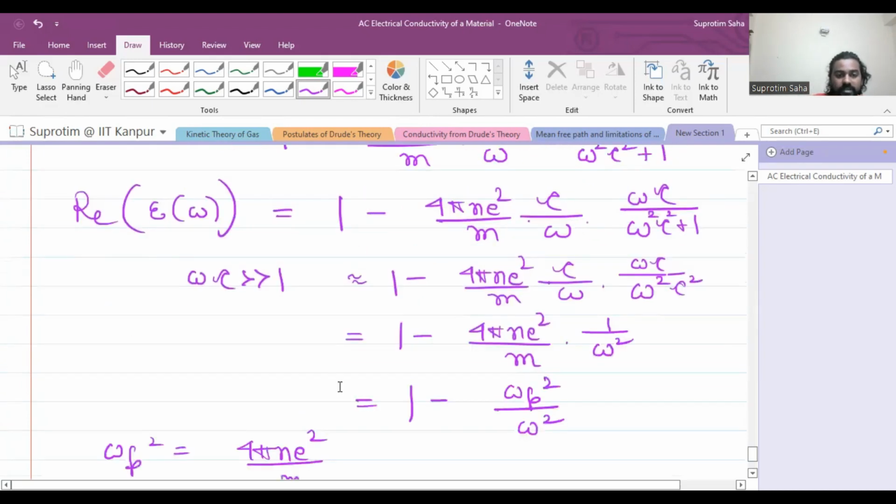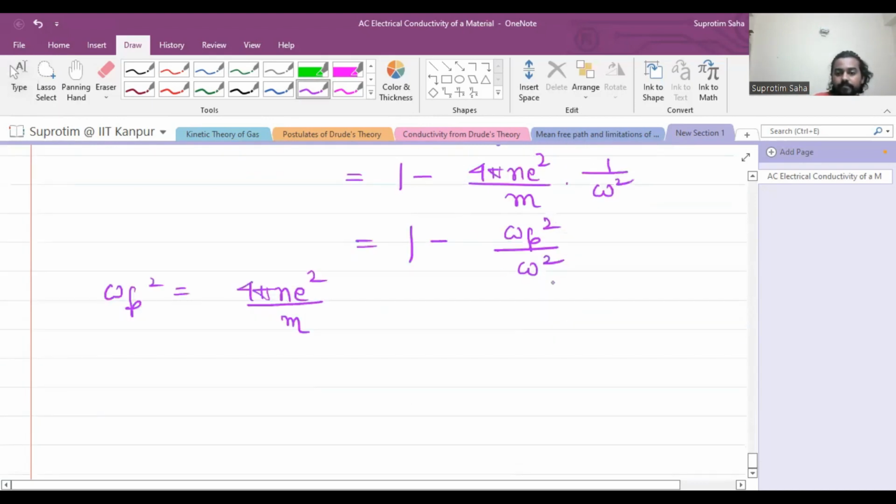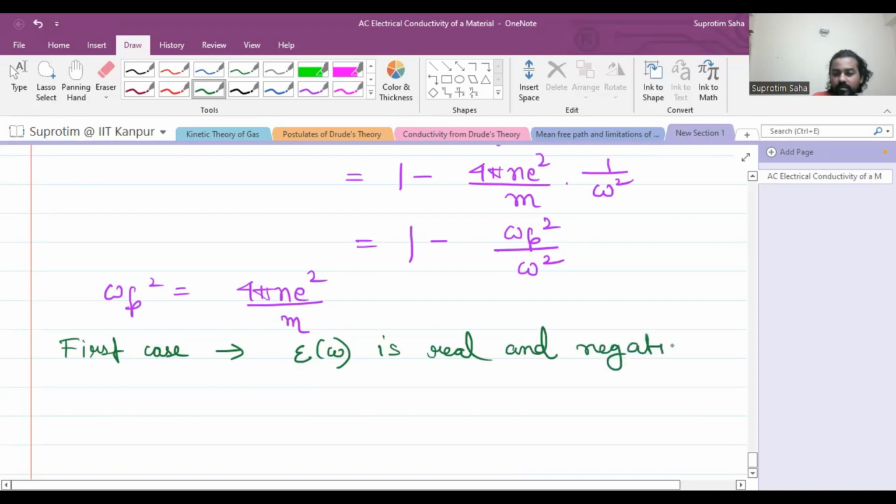So let us just consider two cases. First case: the dielectric constant is real and negative, that is, omega less than omega p.